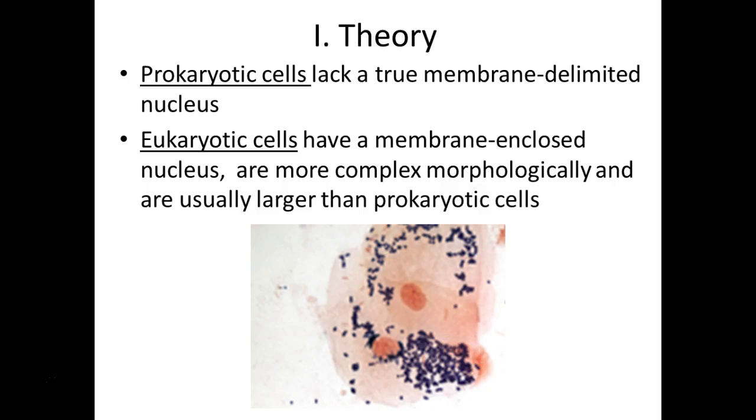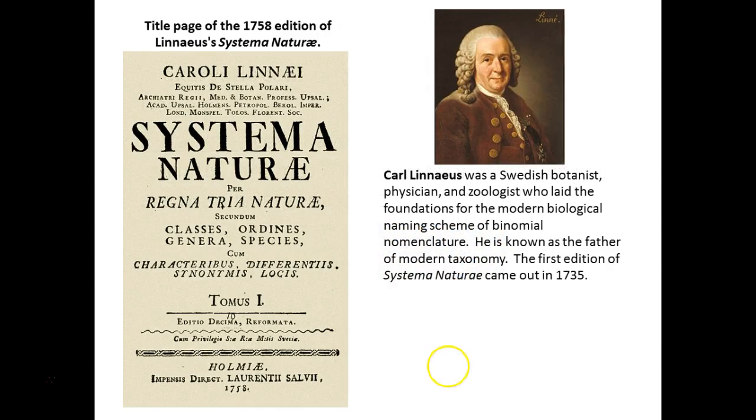Make sense? Okay. So when we classify organisms, it all started with Carl, I always butcher his last name, Linnaeus. So back in his day, really, they were just starting to try and understand the world and categorize it.